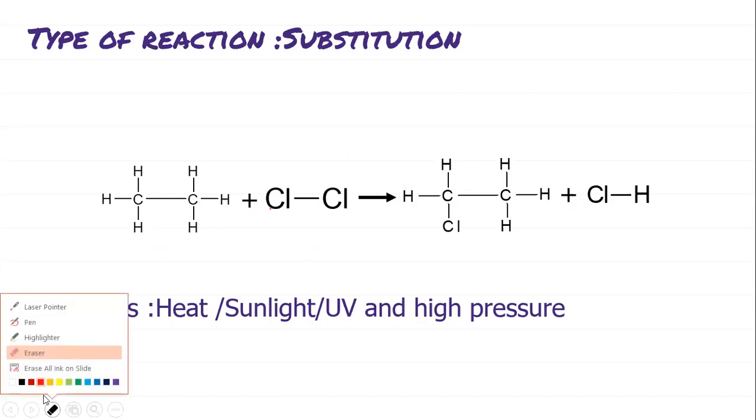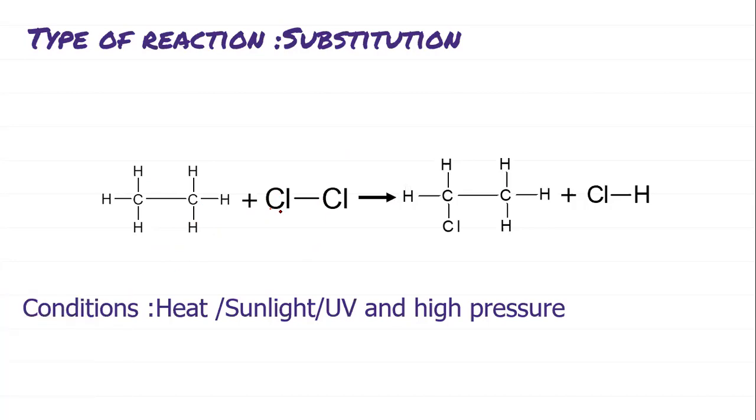So in essence, one atom of chlorine from this molecule can react with the ethane, and it can bond with the carbon there, and the hydrogen will be removed. So when we do that, what are we going to form? We know that on the left-hand side, we have our reactants. So what we have on the right-hand side of the arrow are our products.